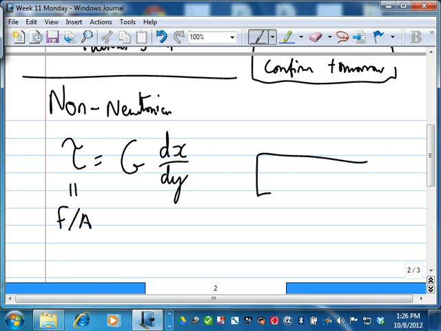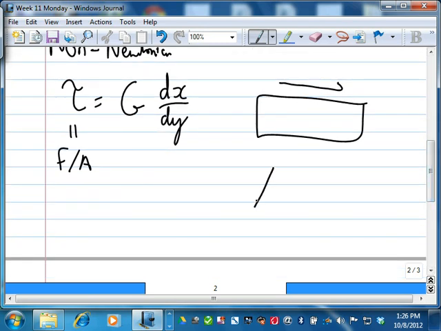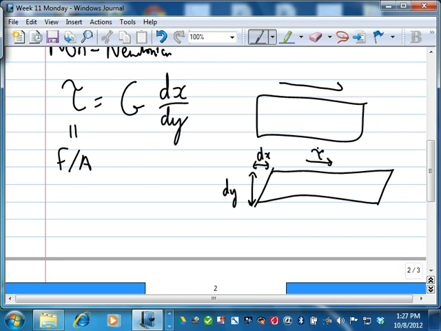If you have a block like this and you put a shear stress on it, the block will deform something like this. This is the dy and this is the dx. This is shear stress. In solid mechanics, that's called G, the shear modulus.